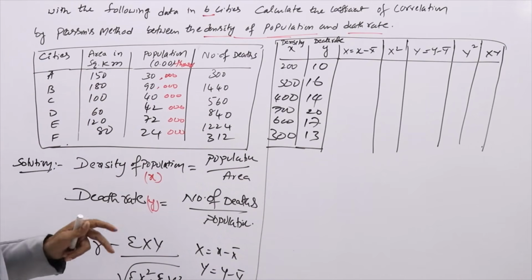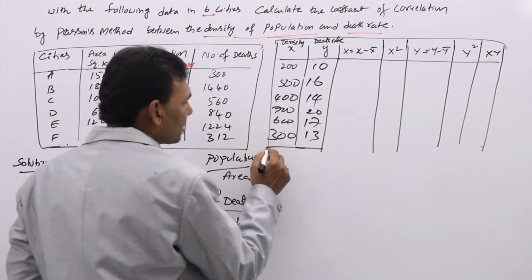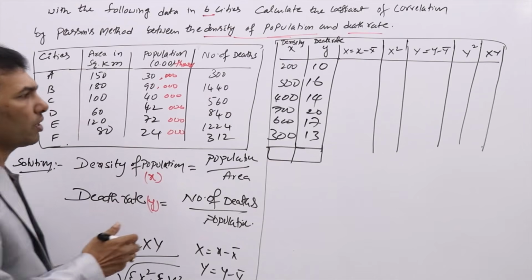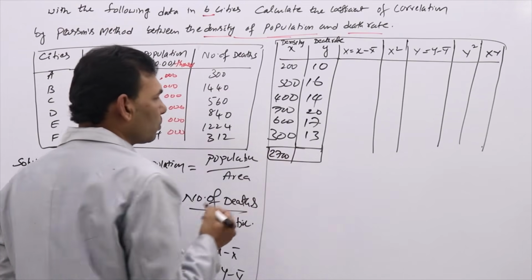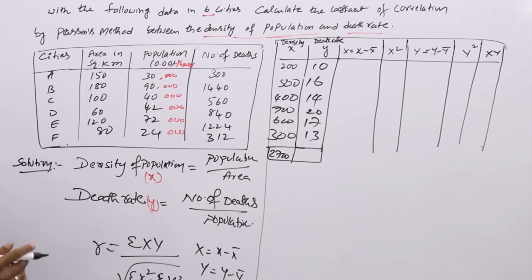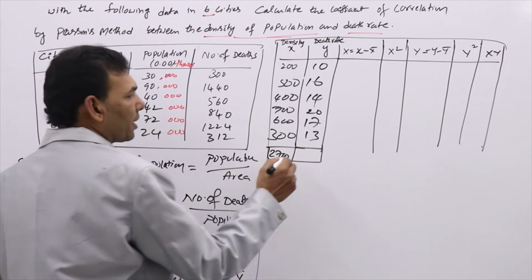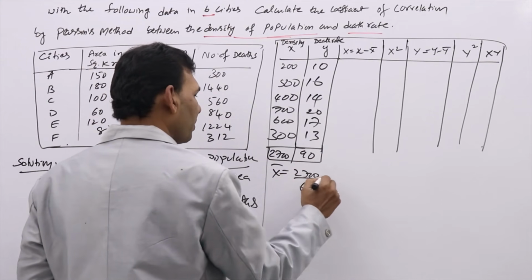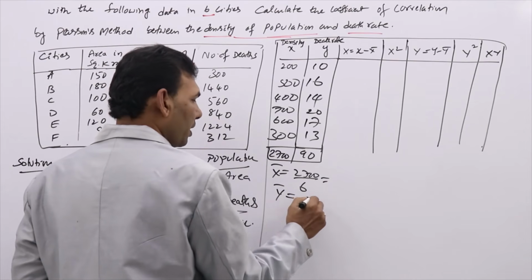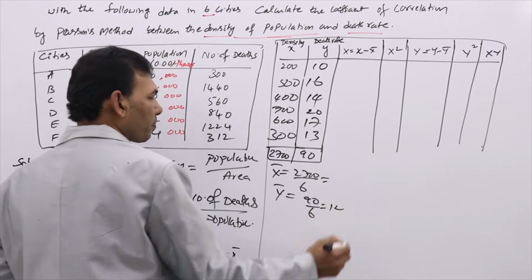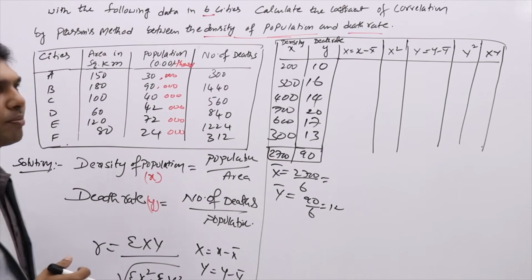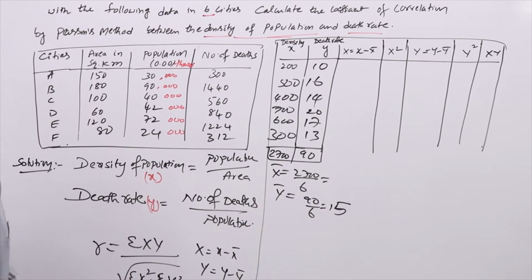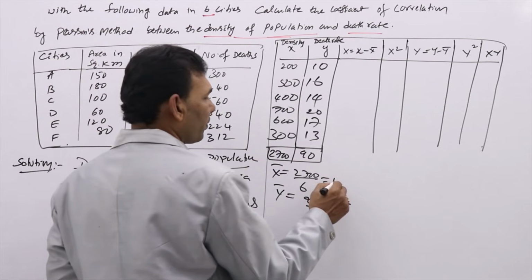X minus x bar. Before that, we need to calculate x bar. That means we need to calculate these totals. Small x total, small y total. If you take the density total, you will get 2700, and the death rate total, you will get 90. So 6 values, x bar will be 2700 by 6, y bar will be 90 by 6. 90 by 6, 15, you will get here. 2700 by 6, 450 you will get.